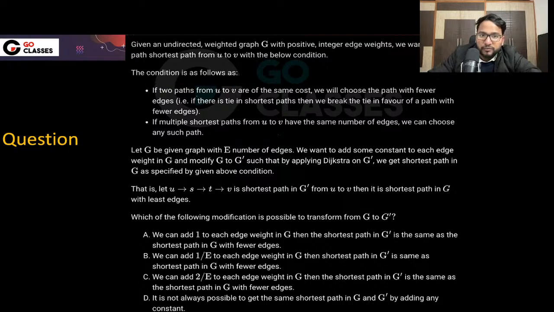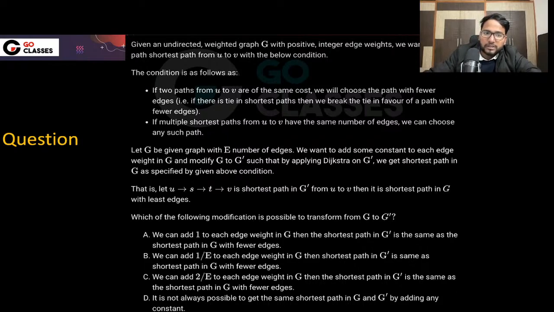If two paths from U to B are of the same cost, we will choose the path with fewer edges. If there are multiple shortest paths from U to B with the same number of edges, you can choose any such path.